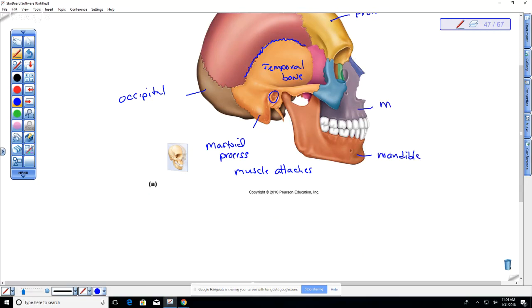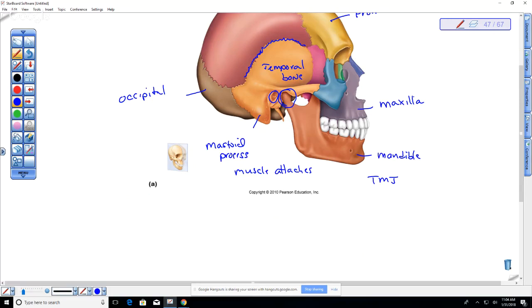and the maxilla. And there is a joint here which is really important. This is called the TMJ joint, the temporomandibular joint, right? So one of your questions, I think, has to do with, I didn't put jaw in there.